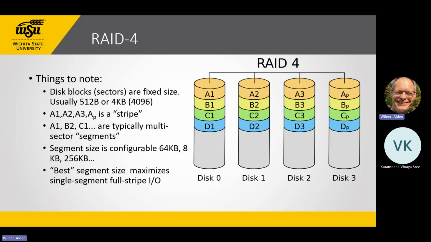Disk blocks are a fixed size, usually 512 bytes historically, back when they first invented disk drives. Around the 2010 range, they started making disks with a fixed sector size of 4096 bytes, or 4 kilobytes.